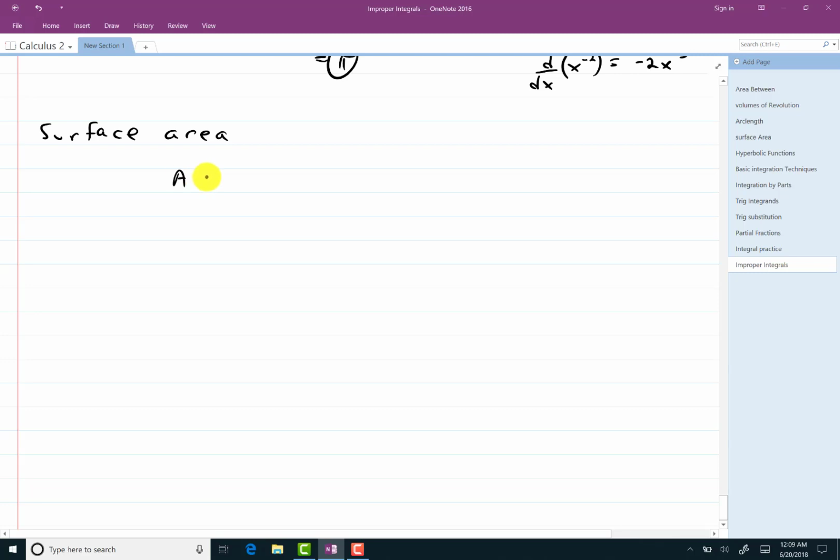So this works out. If you'll remember, we have 2 pi, 1 to infinity, and then the first piece of it is 2 pi r, which is f of x. So f of x here was what? 1 over x? And then we have 1 plus the derivative of 1 over x, squared. So if I take the derivative, I'll write it as x to the negative 1.